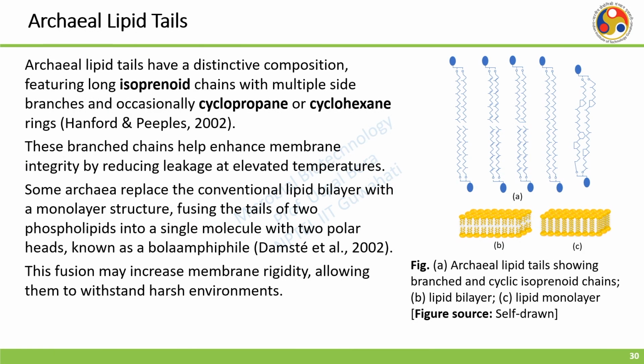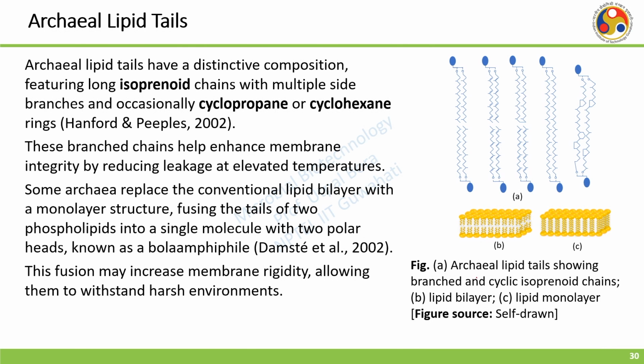Let us look into the structure of the archaeal lipid tails. Archaeal lipid tails have a distinctive composition featuring long isoprenoid chains with multiple side branches and occasionally cyclopentane or cyclohexane rings. These branched chains help enhance membrane integrity by reducing leakage at elevated temperature.